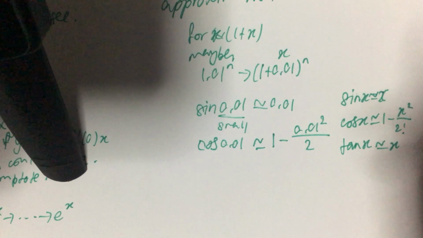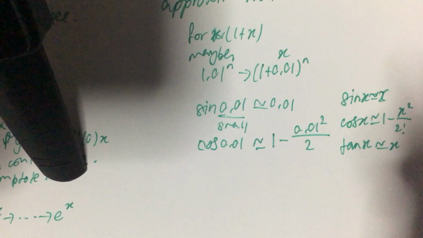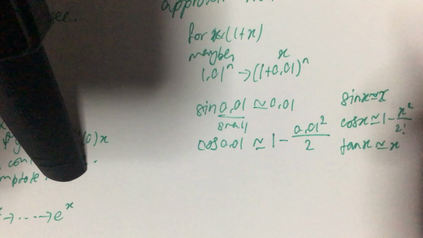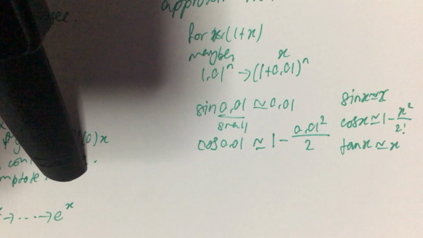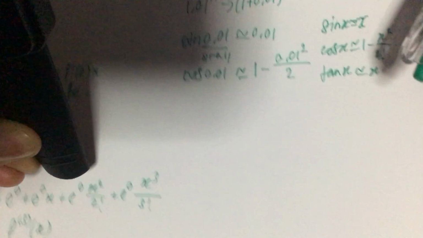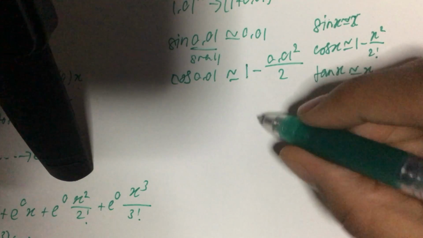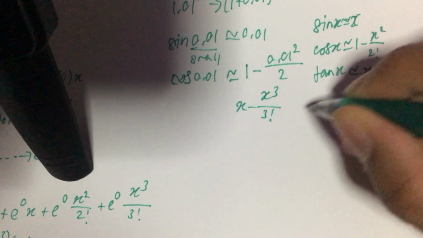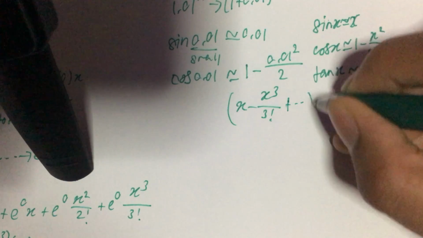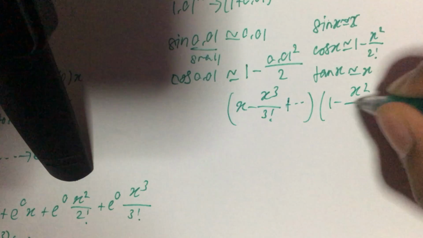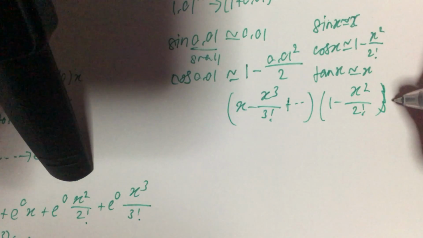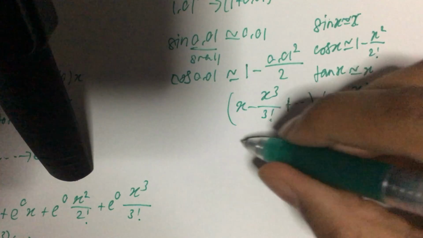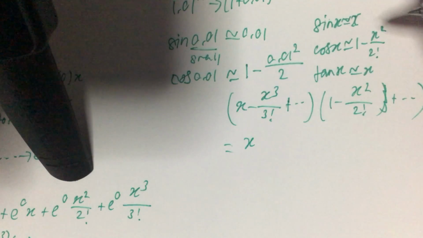And the reason why tangent x is approximated to x, instead of some other terms, given that you have to divide the sine x by cosine x, is because if you think about it, if you were to look at cosine x, 1 minus half x squared, which is actually just x squared over 2 factorial, and you have x divided by this term, you can imagine that term to be really small.